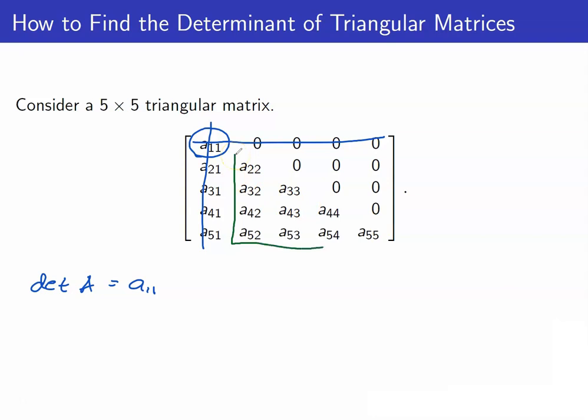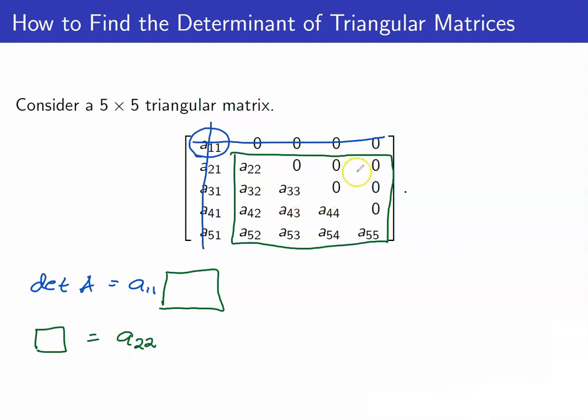I will use green. Okay, so that's green. However, when I compute for the determinant of this green, it's equal to A22 times the determinant of, remove that, have the determinant of this one, times red.